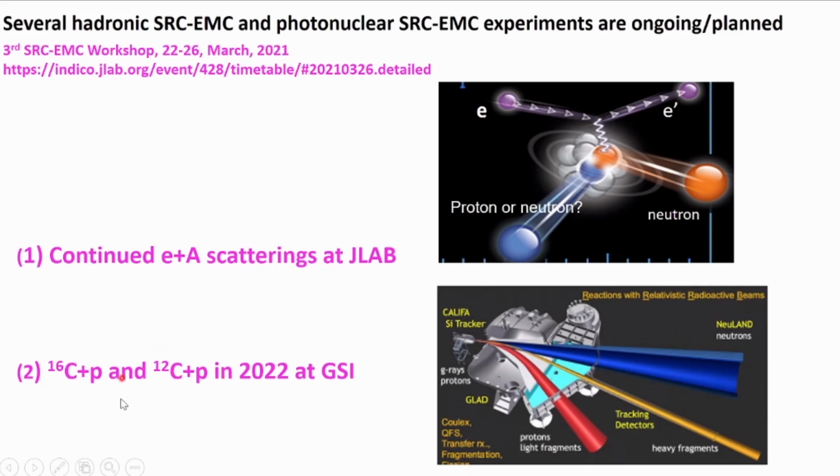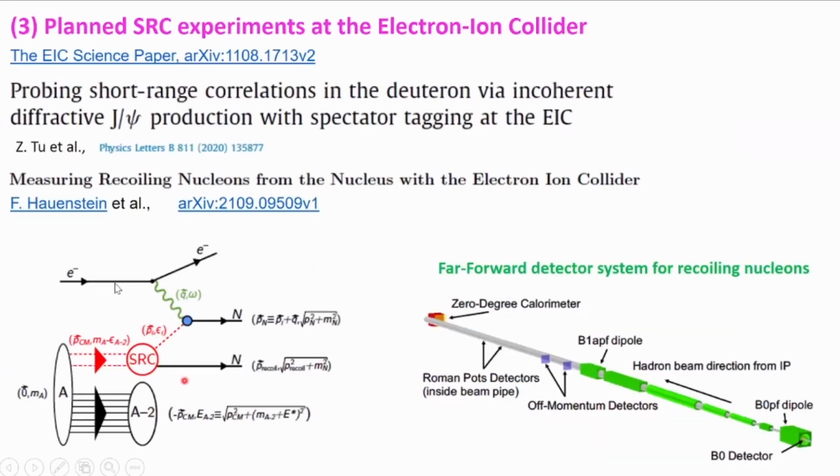There is also going to be an experiment at GSI, an inverse kinematics experiment looking at the momentum distribution using knockout reactions in carbon-16 and carbon-12. In the future electron-ion collider, people want to use collider experiments where you have a large energy momentum transfer. You can probe deeper short-range correlated nucleon pairs.